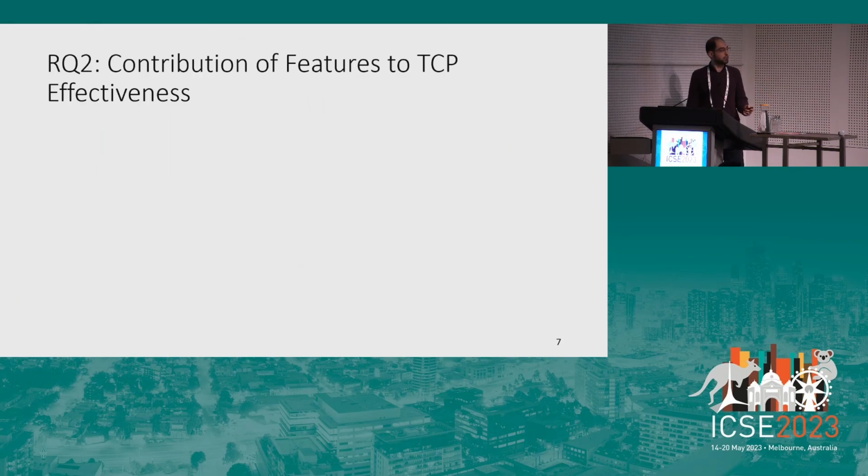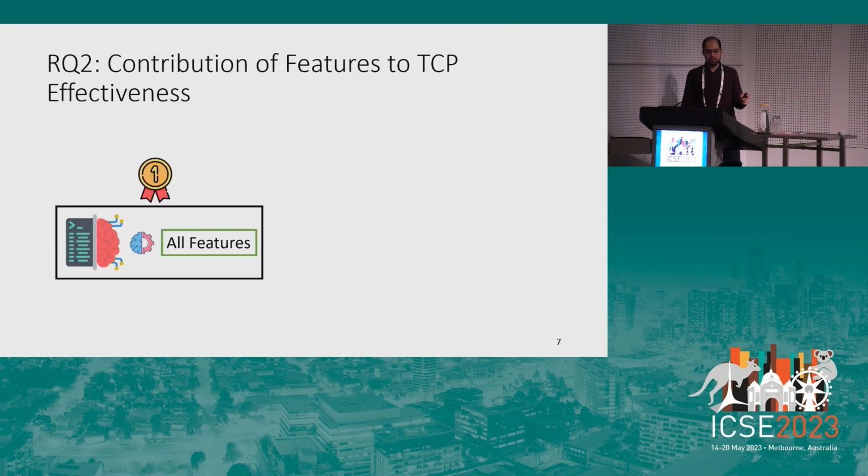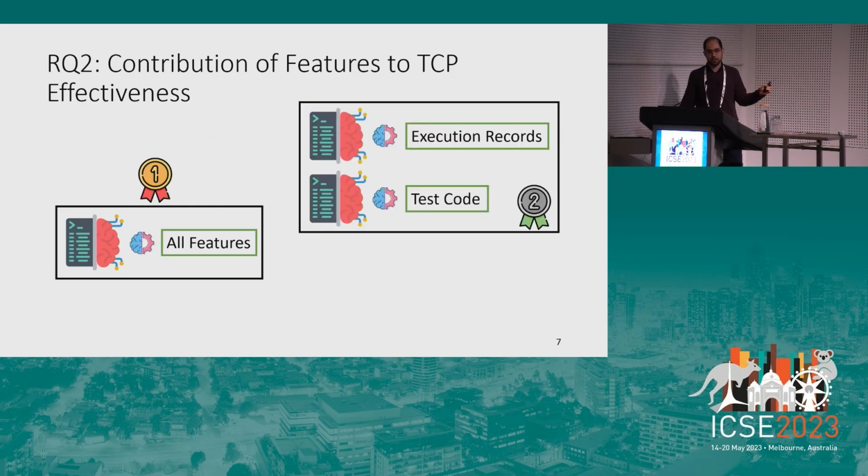In the second research question, we investigated the contribution of the features or the feature groups to the effectiveness of the TCP. We found that if you train the machine learning models on all features, you get the best results. In second place, if the model is trained only on the execution records, or only on the test code, you get the second-best results in terms of effectiveness.